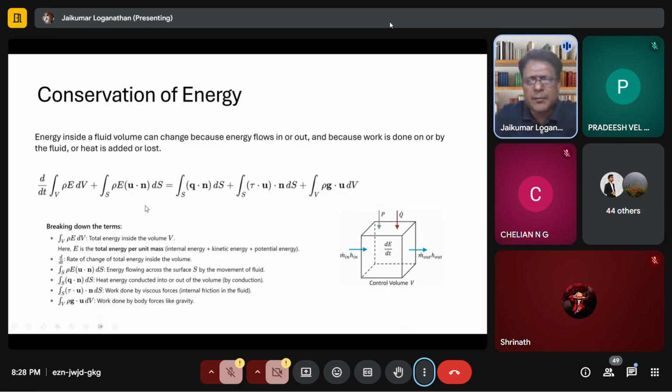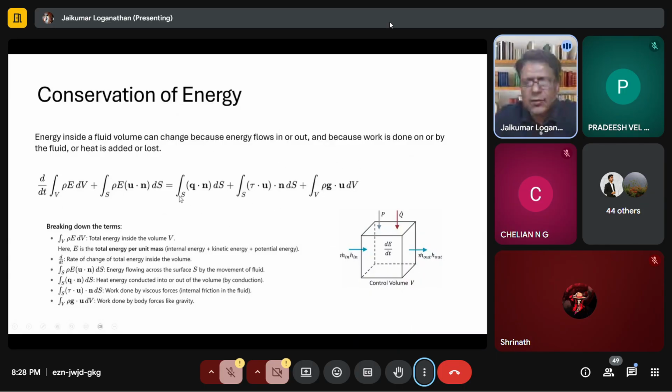From energy we will get the temperature, depending upon the nature. Either it could be Cp into T, or Cv into T, depending upon the process. But the form is very much the same, right? You have energy, there is a flux of energy coming through the surfaces.